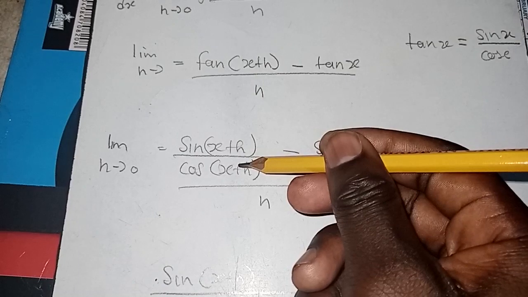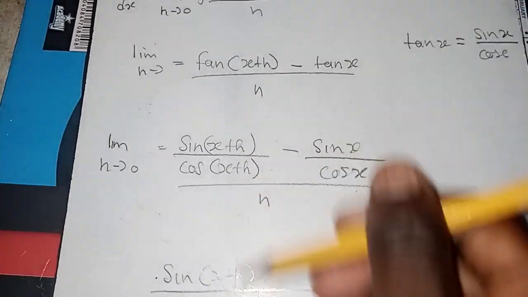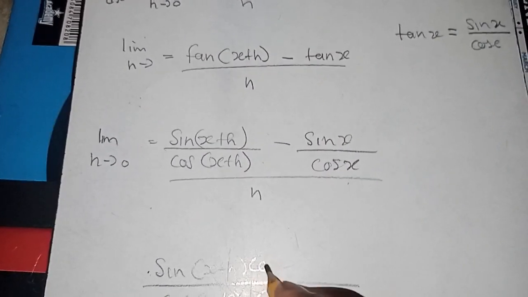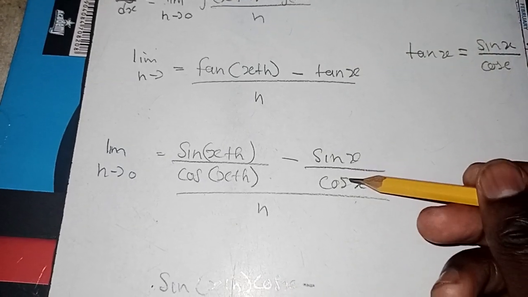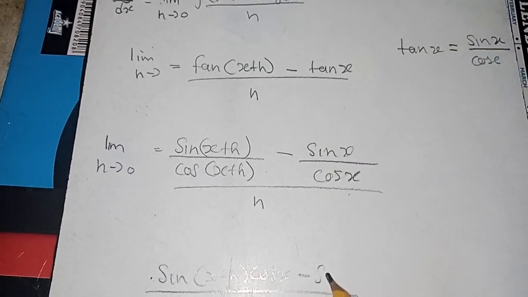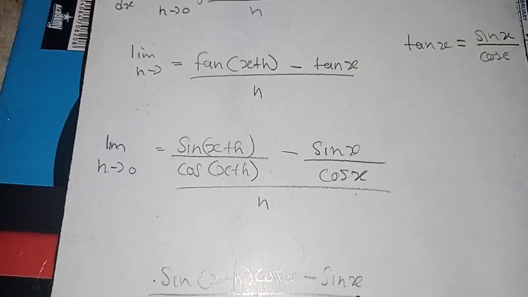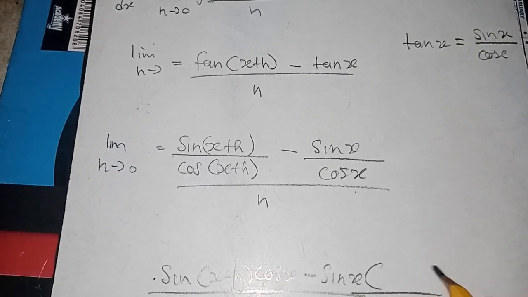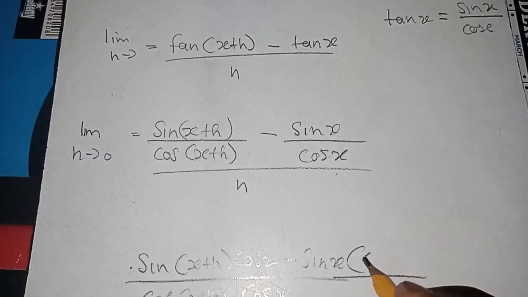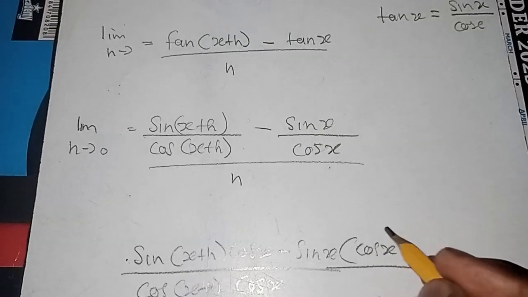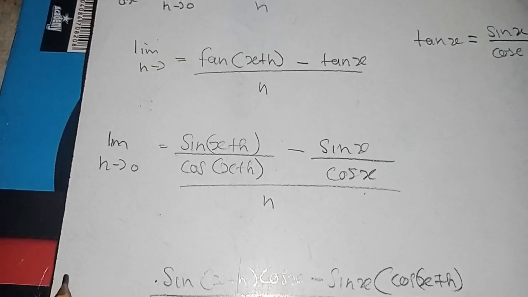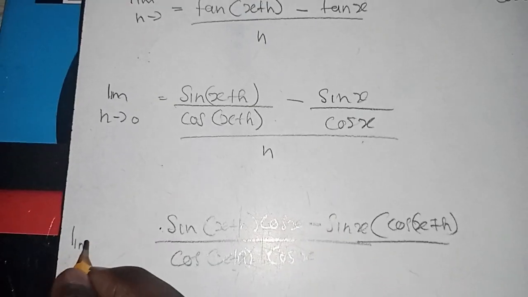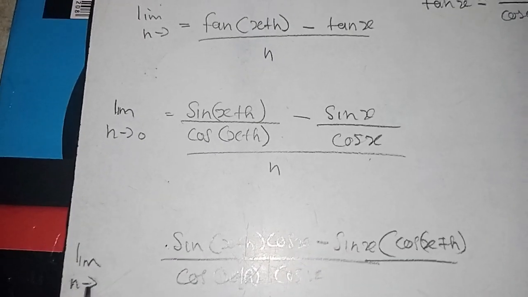When we divide this into the denominator, we have cos x, minus cos(x plus h) into this one, we have sine x, multiplied with cos(x plus h). So, limit as h approaches 0.